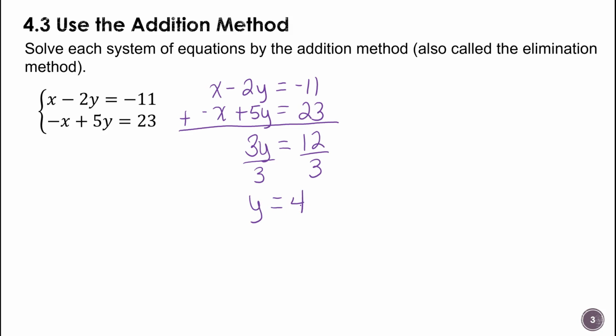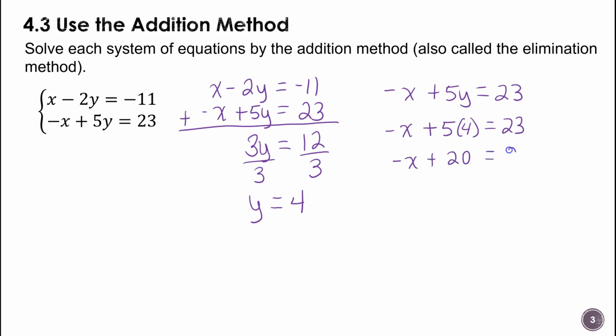All right, so I'll use the second equation this time. Negative 1x plus 5y equals 23. I'm going to substitute in a 4 for y. And then I'll simplify that. That's 20 plus negative x equals 23 then. Subtract 20 on both sides.